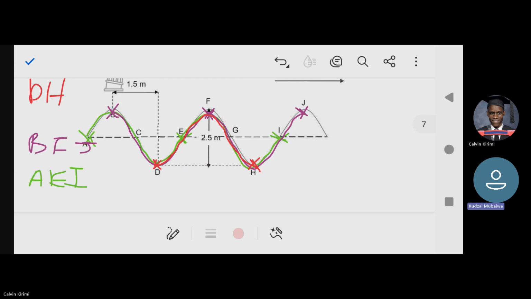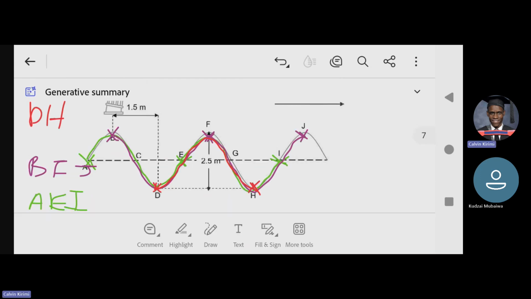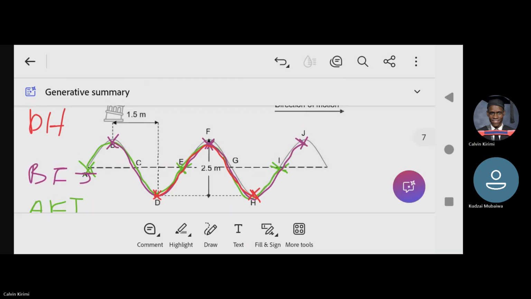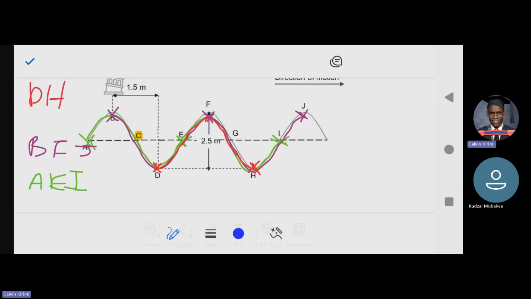So yes, sir. Let's go to another one. We can maybe go to C. Let's use a different color. This time let's use blue. From C, now we draw. I go up.